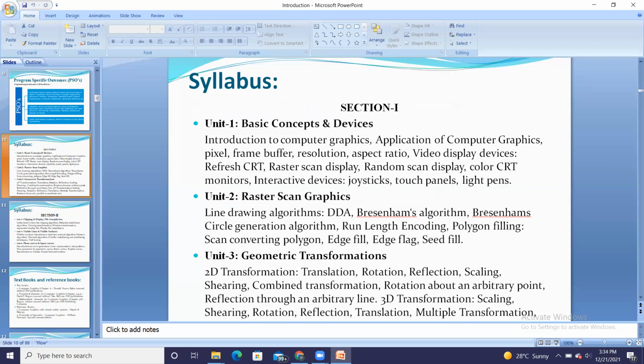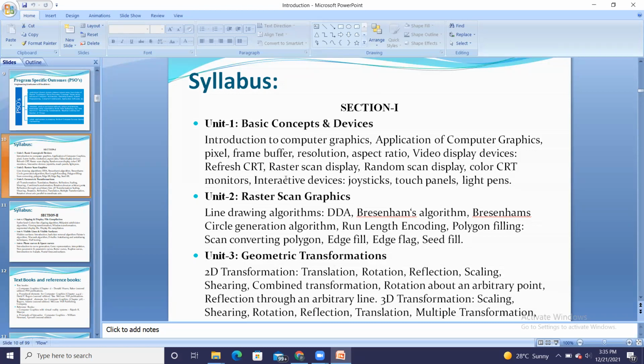Section 1 contains 3 units. Out of that, first unit is basic concepts and devices. So here we are going to focus on the introduction part of computer graphics and its applications. So here we will have introduction of CG, applications, then the basic concepts like what is pixel, what is frame buffer, what is the meaning of resolution, aspect ratio, then the display devices like CRT and color CRT and all.